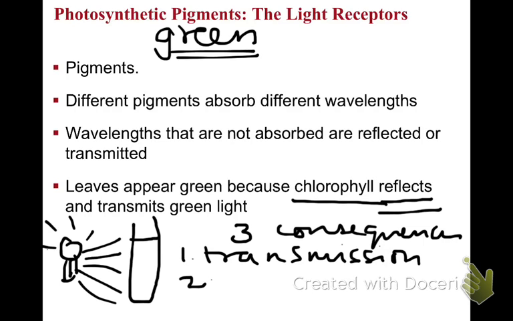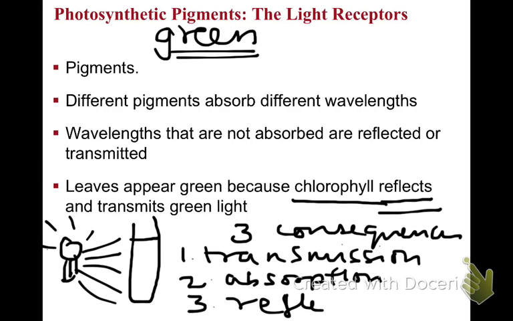Two, you might have absorption. Three, you might have some light being reflected off. So the color that you see is whatever color is not absorbed or transmitted but reflected out. That is why when you look at plants and they look green, it is because the wavelength of the green range is reflected out.